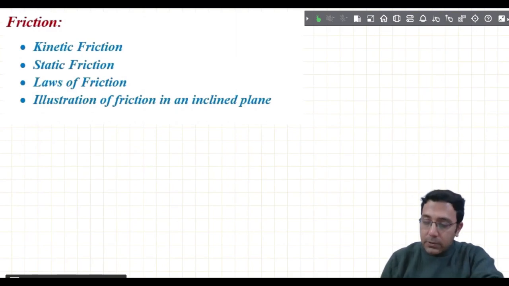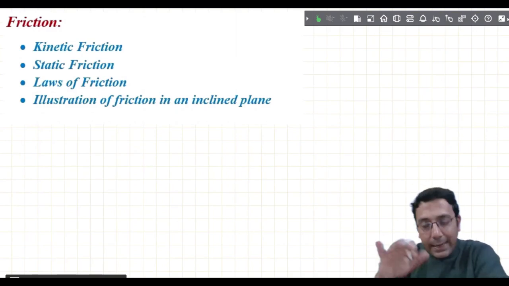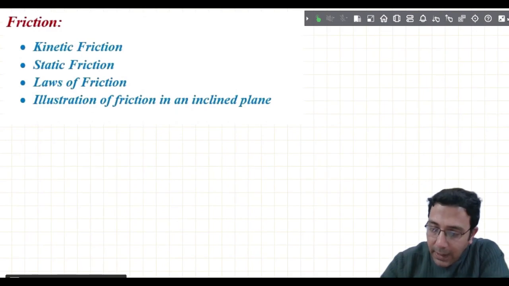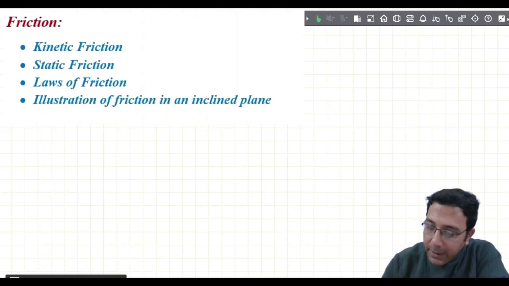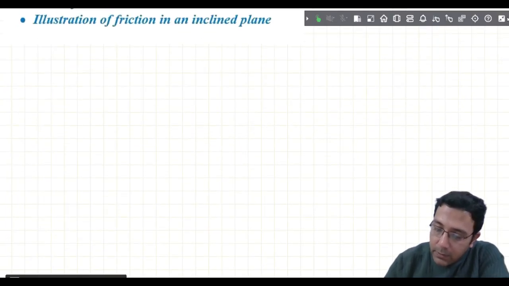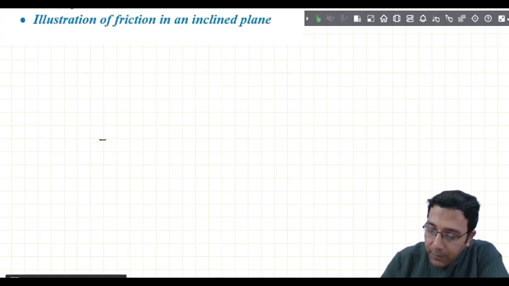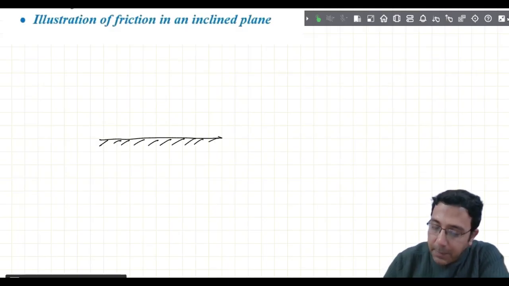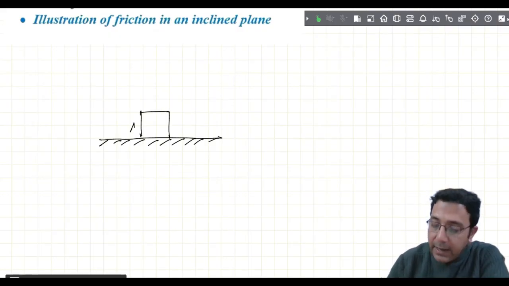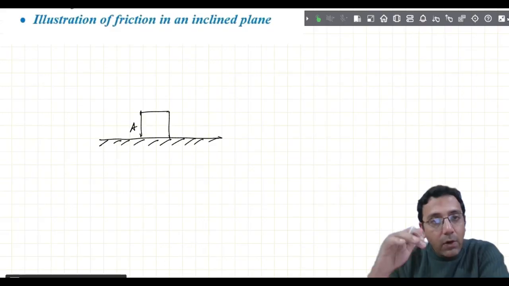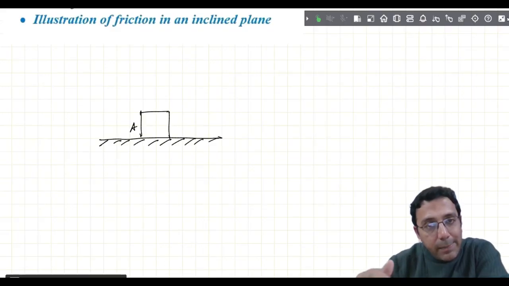Let me draw a plane, as we have seen in my earlier videos. Let's say this is a fixed plane over which a body is lying. Let me say this body is body A, and as it is lying on the plane, naturally there will be a contact force.